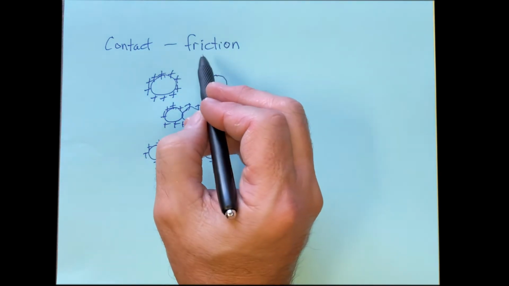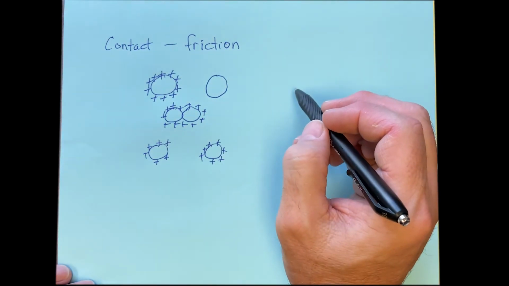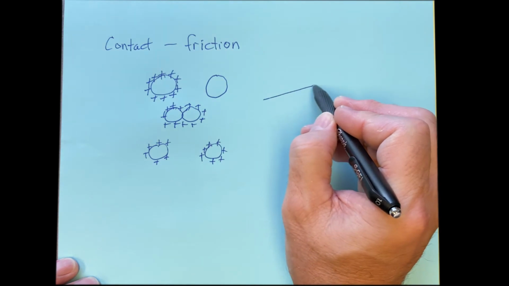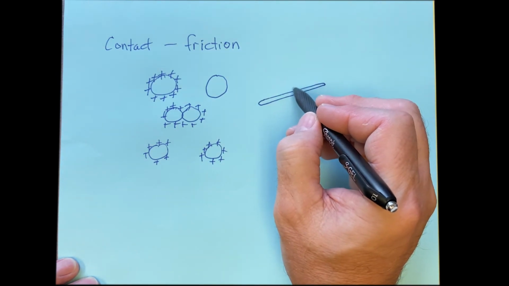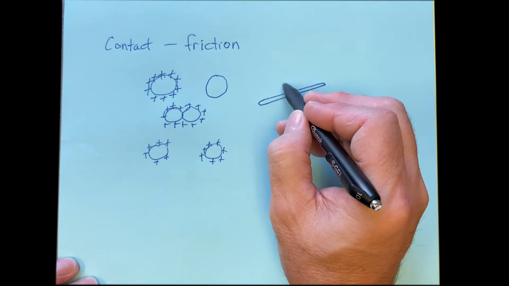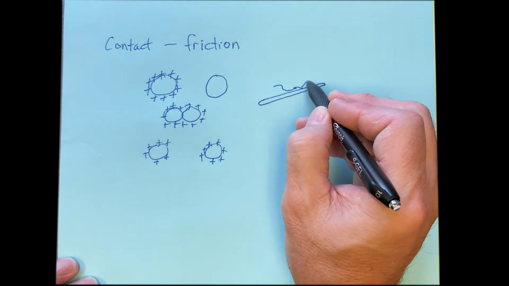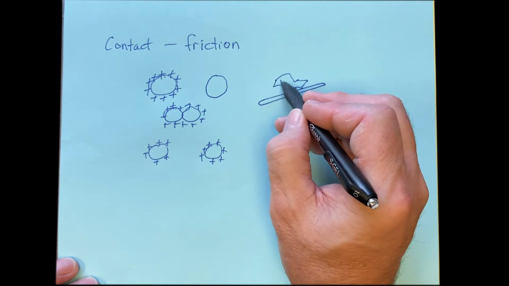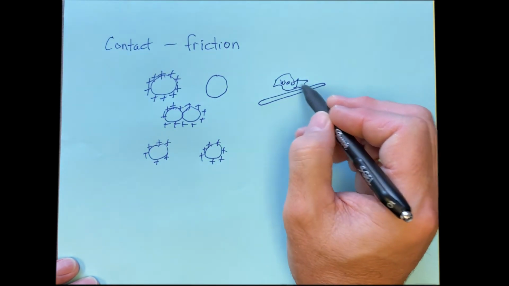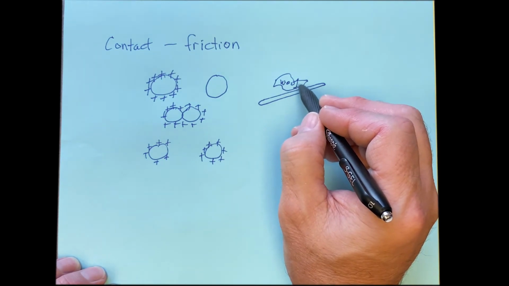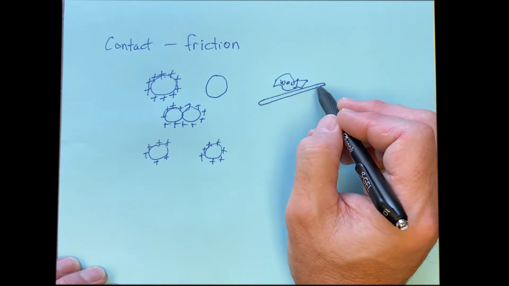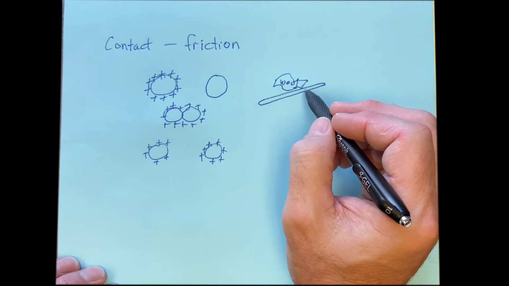Now, when I say charge something by friction, that would be an example of taking something like a glass rod or maybe a plastic rod and rubbing it with material like, let's say this is wool, okay? And you rub it real hard. Now, before they make contact with each other, everything is electrically neutral.